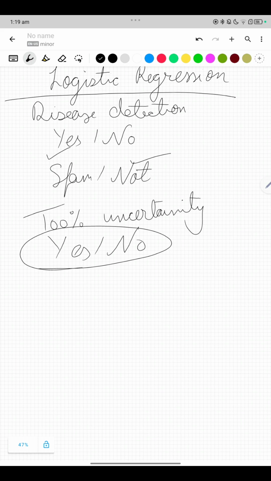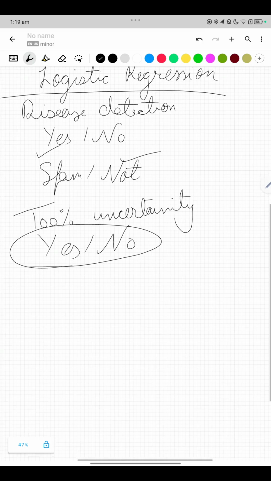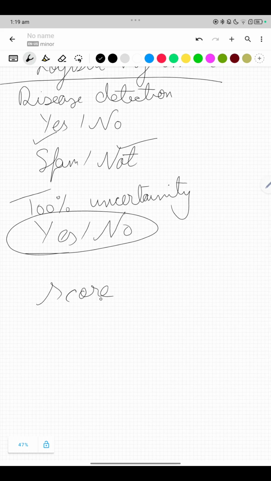So, we have earlier seen linear models, or we came across linear regression. You take a simple linear model which gives you some particular score based on some test values, right? You give it a test value.